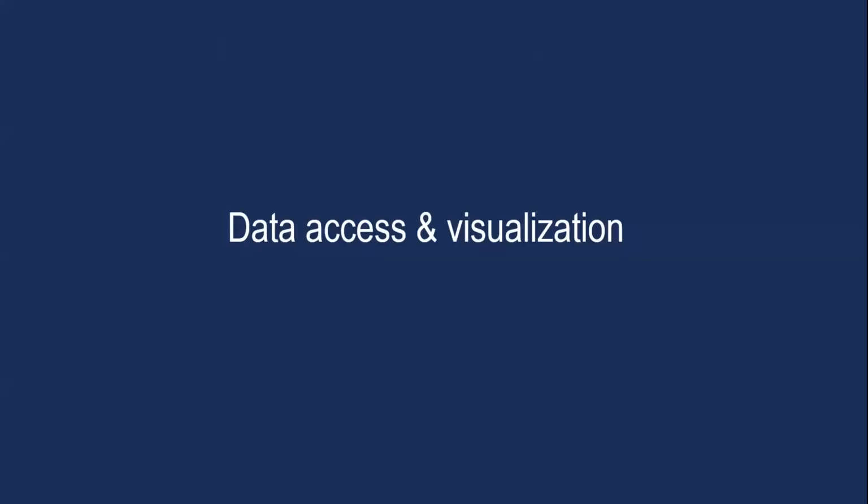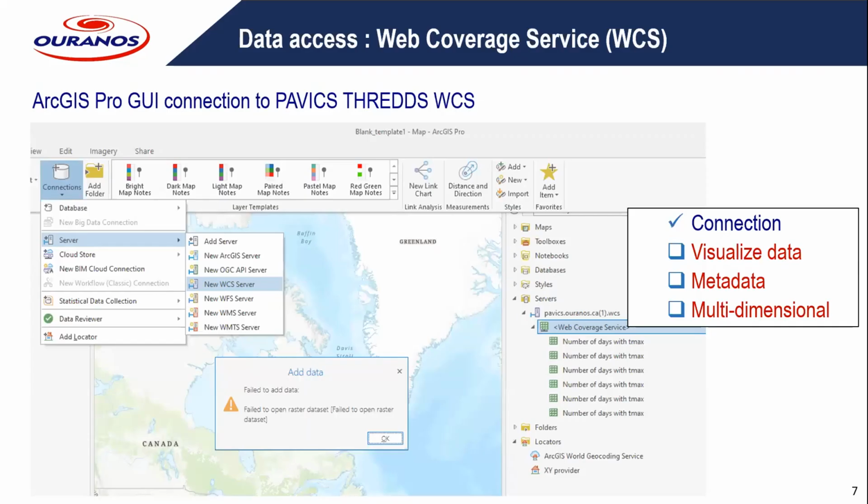So moving on in terms of data access and visualization. We'll start out with the simplest scenario possible. The first data protocol that we'll cover is the web coverage service. This is the Open Geospatial Consortium protocol for pulling raster data remotely.